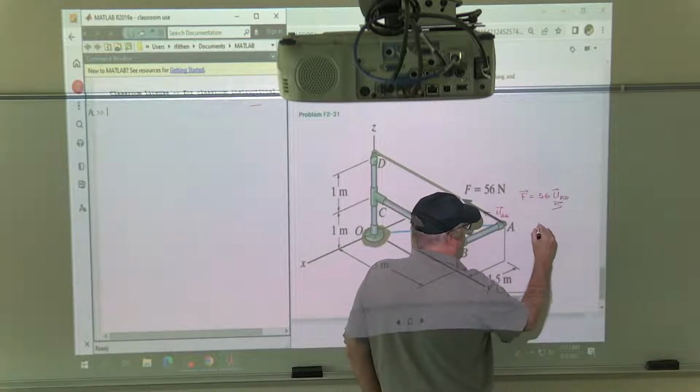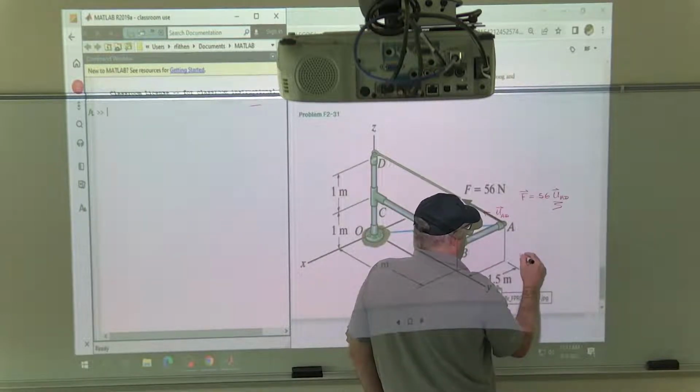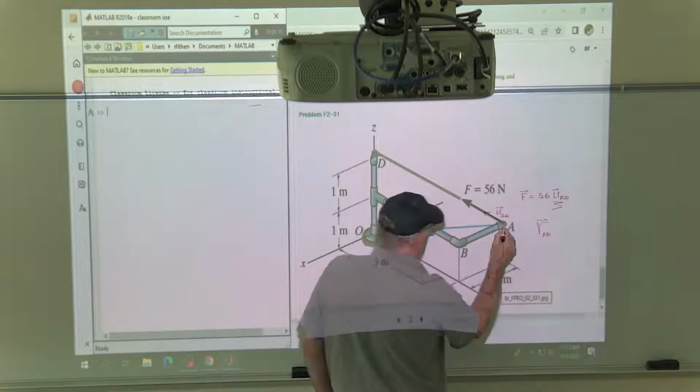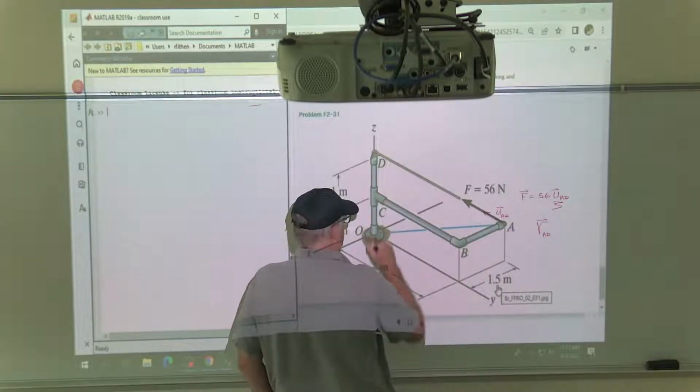Well, how should I do it? So R A to D. I need to write a vector that goes the entire distance here.